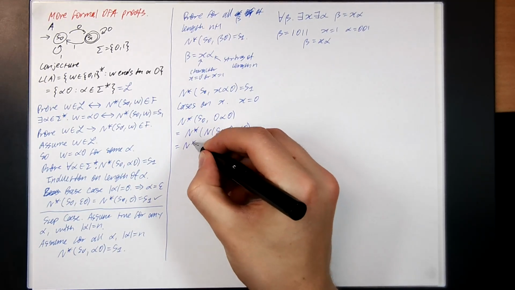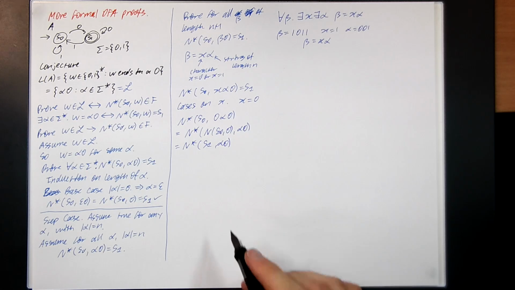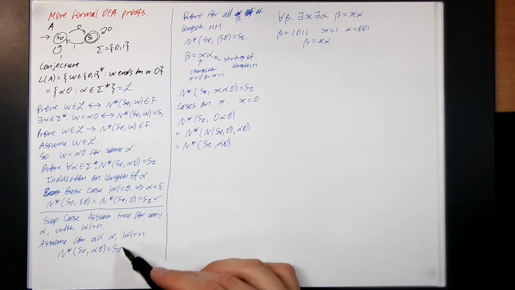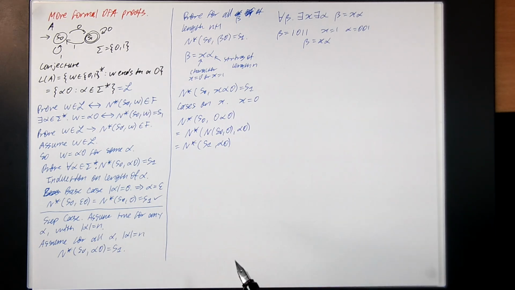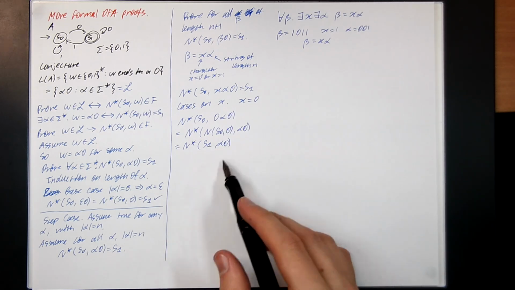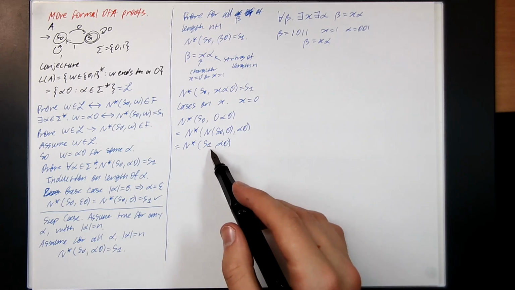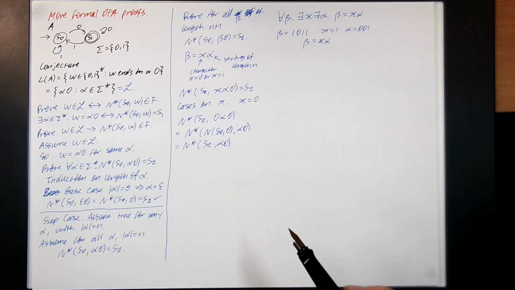This becomes delta star of S1 alpha 0. And now it looks like I'm a little bit stuck, right? Because it doesn't look like I can apply my inductive hypothesis here. So it looks like the thing I'm trying to prove is not a strong enough property. I'm stuck.